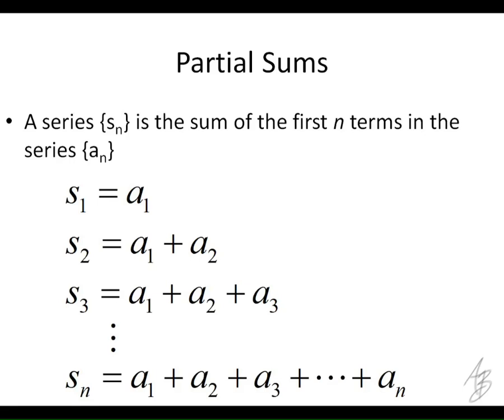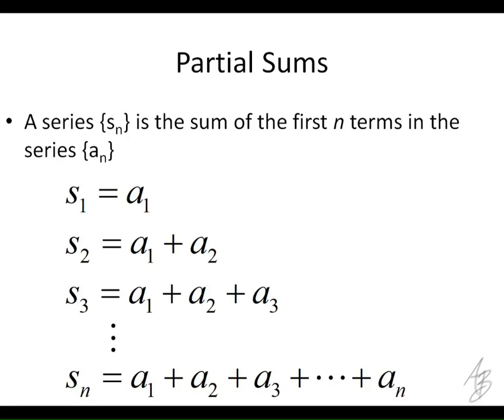These partial sums, if the series converges, which means that all these infinitely many numbers are going to add up to some finite number, then these partial sums are going to get closer and closer to that number, that limit, as n gets really big.